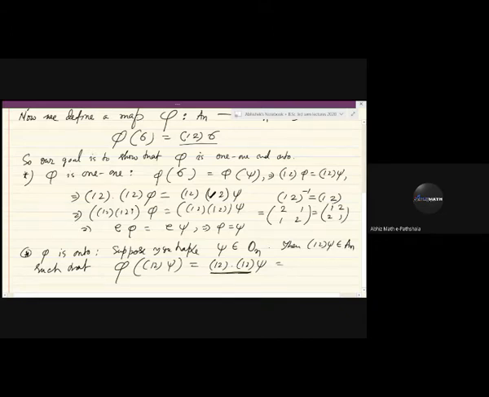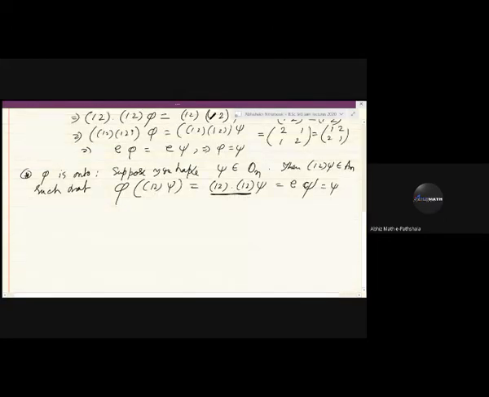Being an inverse of itself, this will be the identity, so it is identity psi, that is psi. Thus we have proved that this phi is onto also.